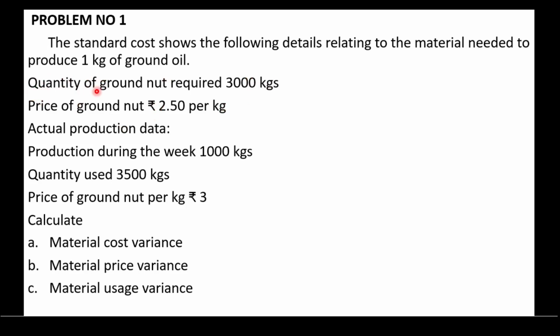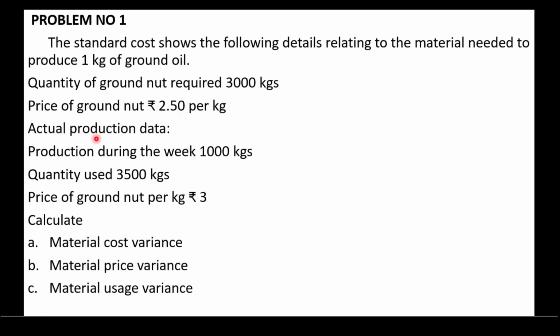The quantity of ground nut required, 3000 kgs, is called the standard quantity. The price of ground nut, rupees 2.50 per kg, is the standard price.